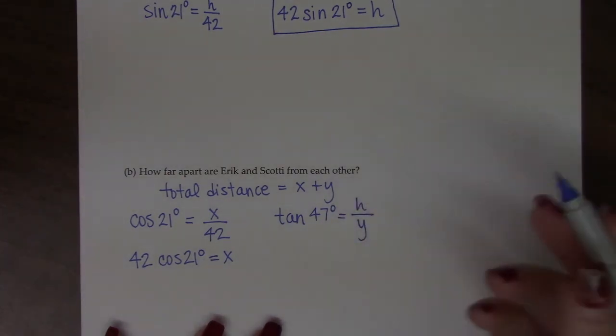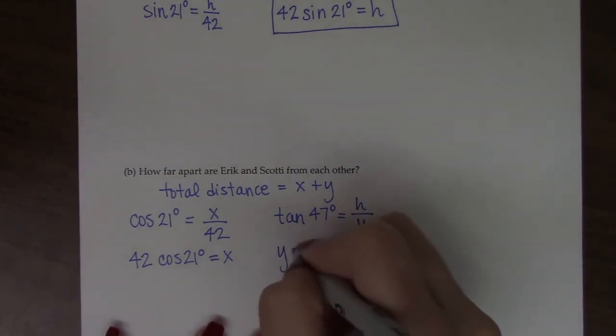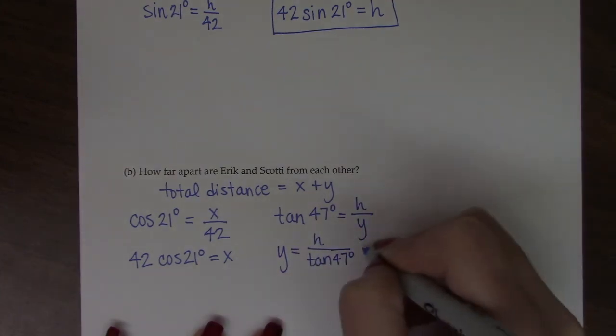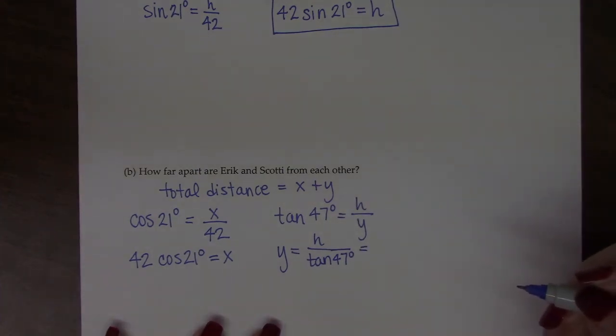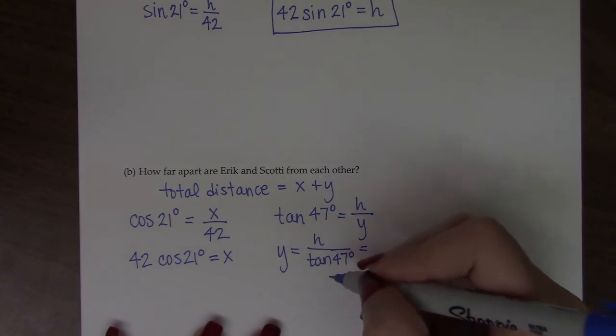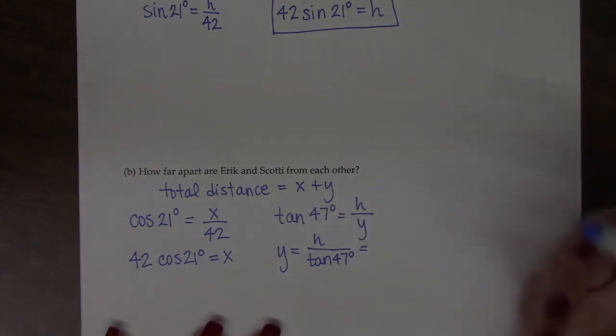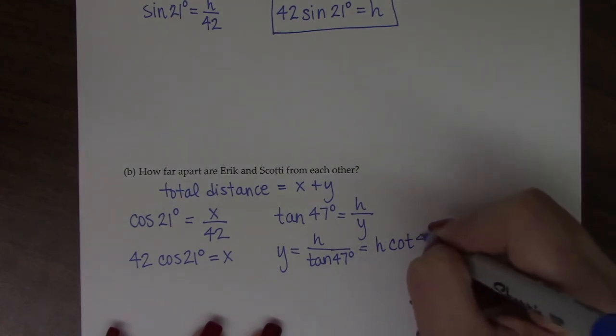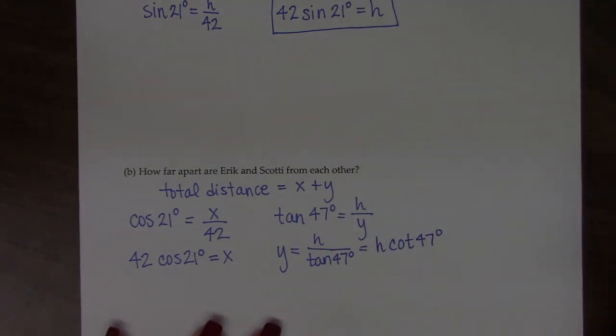So I'm going to solve this for y and get that y is h divided by tangent of 47. And you really want to take advantage of your reciprocal identities when you're doing these problems, because writing this big fraction is cumbersome, but I know 1 over tangent is cotangent. So I can say, well, this is h times cotangent of 47.